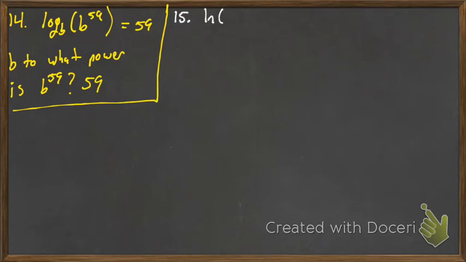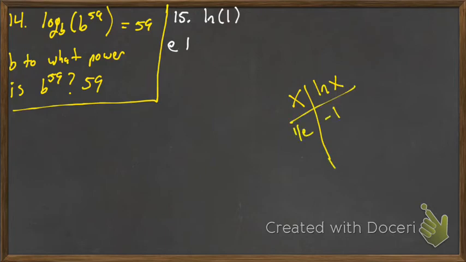How about ln of 1? Okay, so that's actually one of our points in our table. If you remember, we had the ln x, and we used 1 over e, and we got negative 1, and we used 1, and we got 0, and e, and we got 1. So that is going to be 0, because e to the 0 is 1.